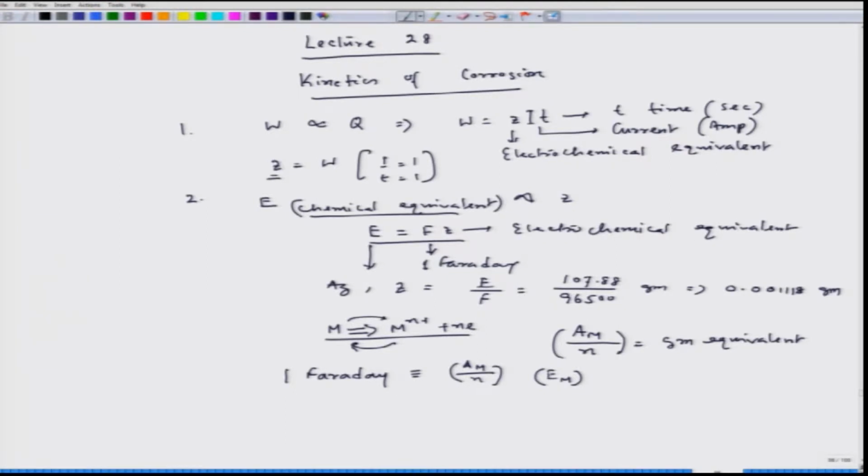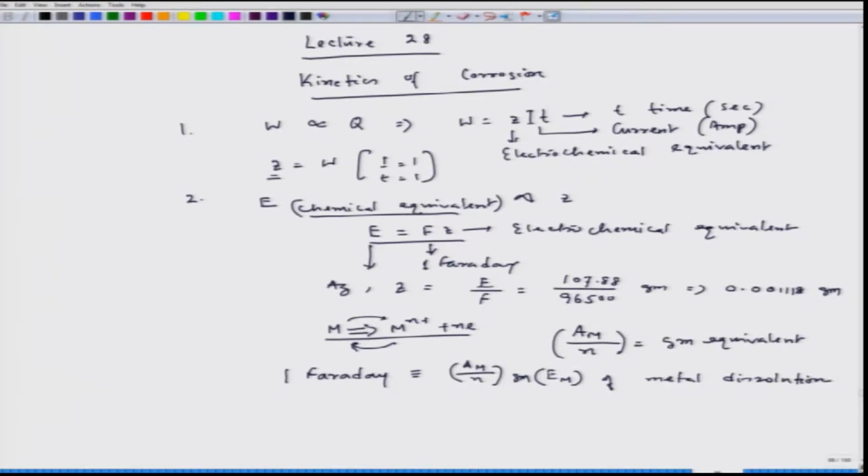Now, if the deposition is in the chemical equivalent, if I send 1 Faraday of electricity, on the other way, the dissolution of metal ion would be same as the deposition. That means, 1 Faraday would be equivalent to this gram of metal dissolution, isn't it?